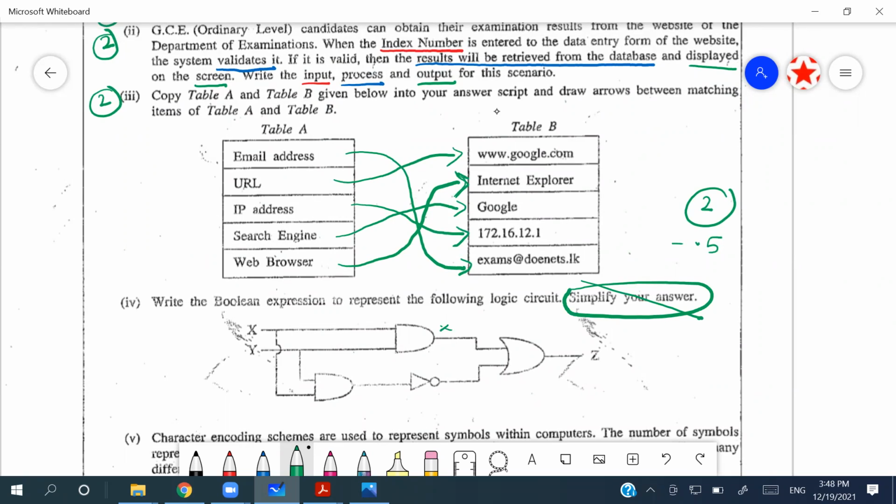So this is going to be x dot y, and as well as this x dot y, here x dot y bar, and as the z you can say x dot y plus x dot y bar. Right? So that's going to be the output. If you got this, you can take 2 marks.